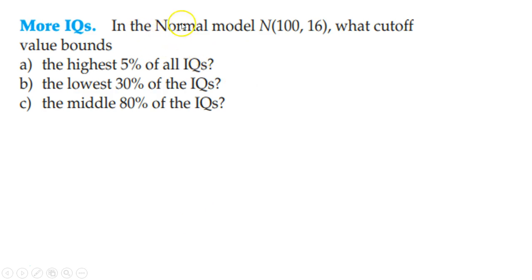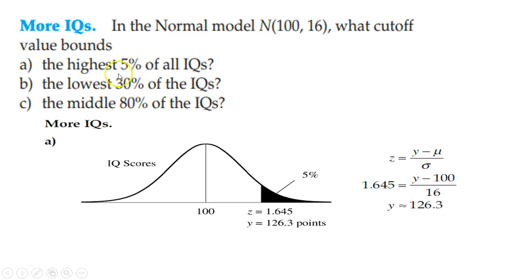So dealing with the IQs again, we still have the same cutoff. It's normal. So that's telling me that is the mean. That's the standard deviation. So the highest 5%, I want the lowest 30%, and I want the middle 80%. So again, drawing the pictures to be helpful. I'll go through this a little faster now, but if I wanted the highest 5%, it's the same as the low 95.